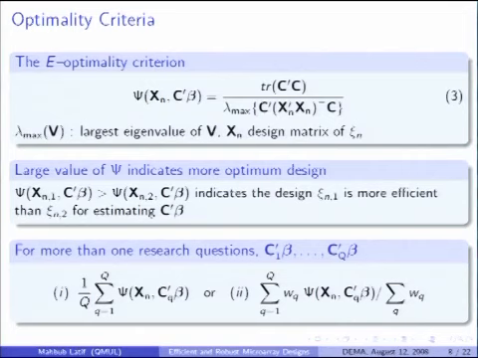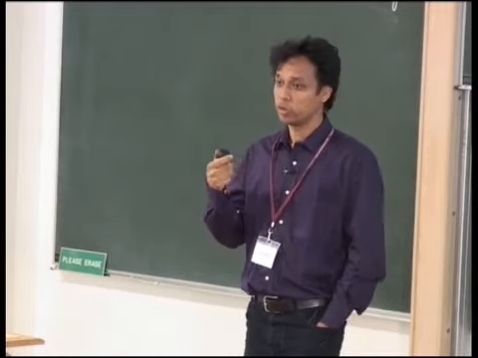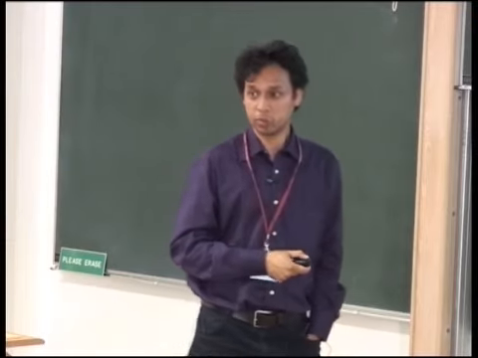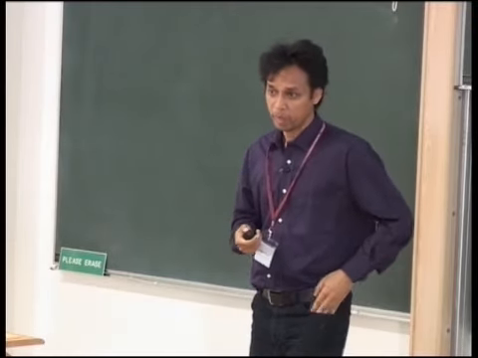And if you have more than one research question, say C1 to CQ, you have Q research questions, then the average of these can be considered as an optimality criterion. Or if you want to give more importance to one question than another, one can use the weighted average too as an optimality criterion.